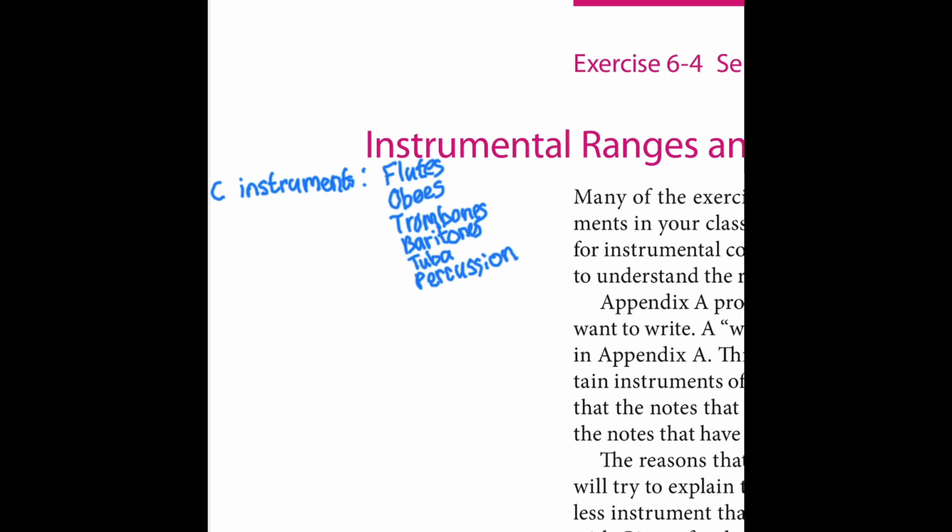Okay, in the same example, if the conductor asked a clarinet or trumpet to play B flat, this is what gets into the transcribing list. So you have a B flat instrument.